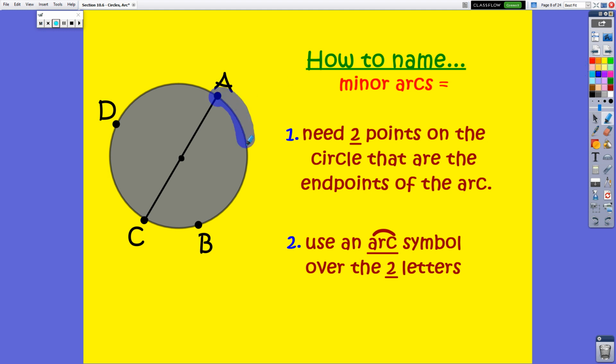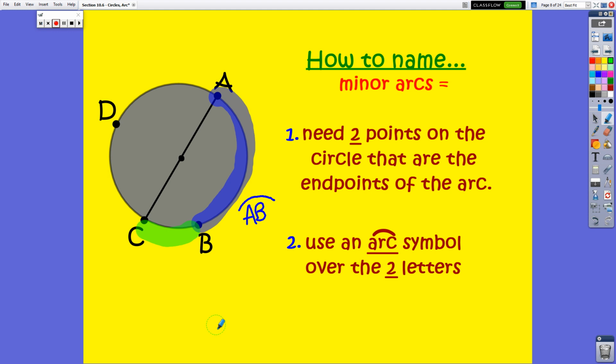Because I could say arc AB, that's less than half the circle. And so how would I write that exactly? I would write A and B and then put a little arc over the AB. Now keep in mind that this could go backwards. Arc BA is the same exact arc. It's just named differently, flipping the letters around. I could also refer to arc BC.